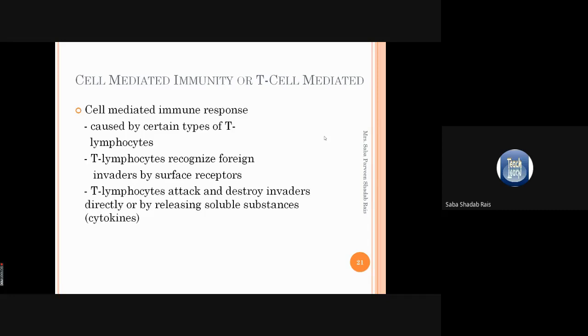The body cells that have been infected by the antigen are destroyed by the cytotoxic T cells, and as the infection subsides, suppressor T cells turn off the immune response. So, this is all about the mechanism of action of the B cell and the T cell. At this note, we'll stop here.